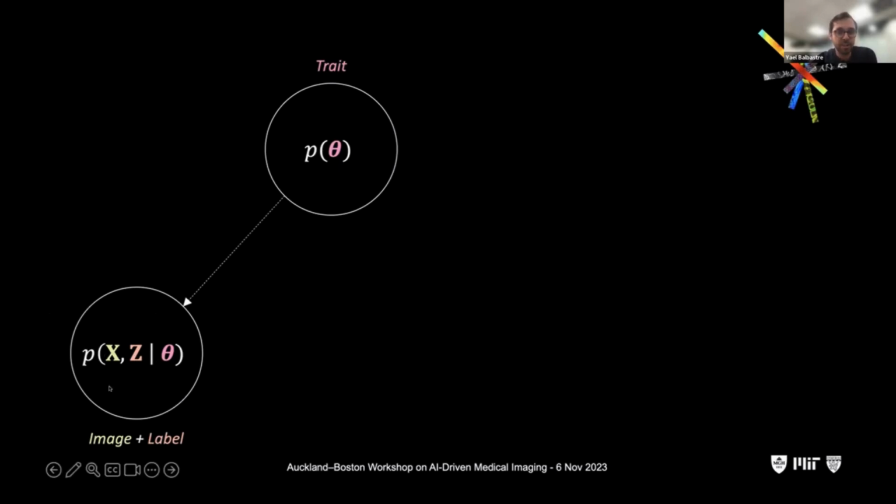The issue is that these pairs of images actually depend on some characteristics, but we don't have control over these characteristics, right? So if I only have T1 weighted images in my data set, then I can't control contrast. I'm only showing one contrast to the algorithm, to the network.